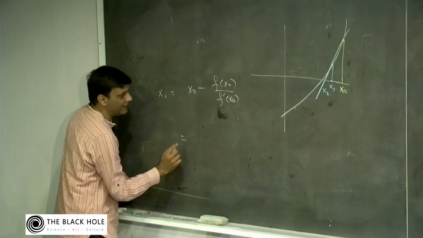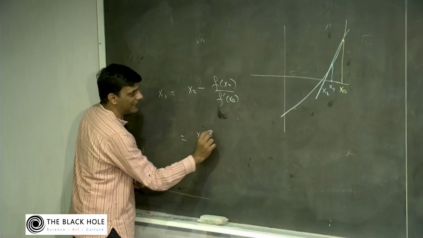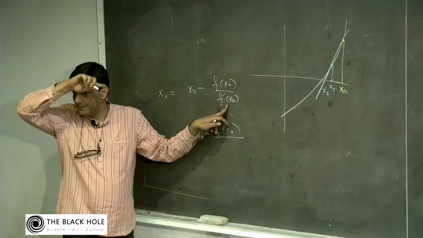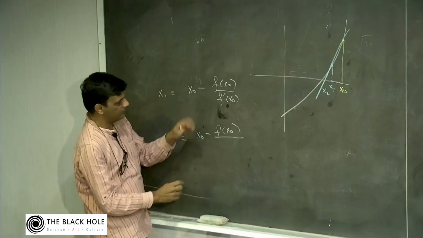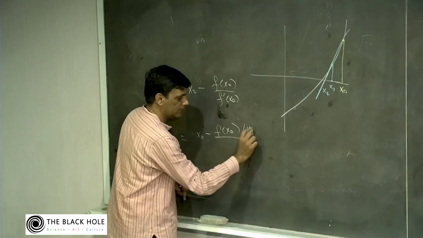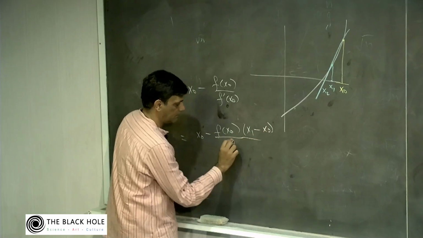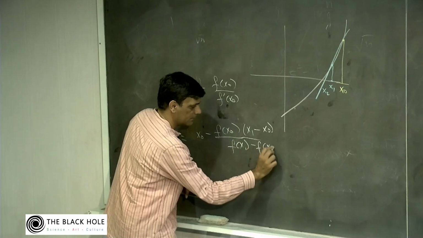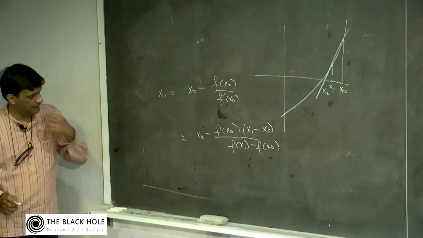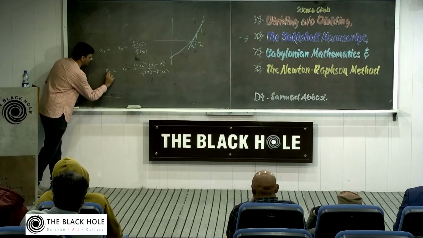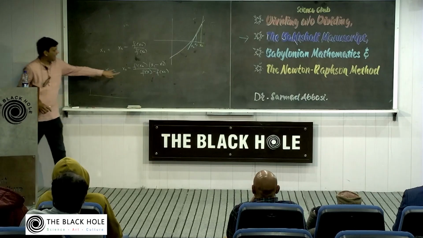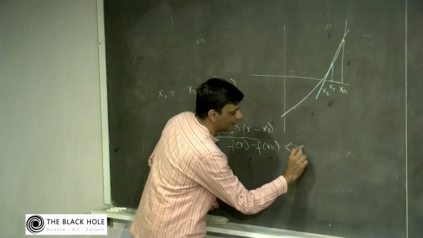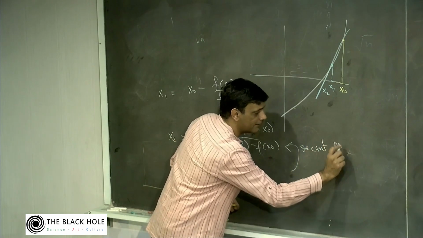So this would be x0 minus f of x0 times this, which I will approximate by a difference quotient. I will call this the second guess, and then I can do a little bit of algebra over here. This thing is called the secant method.